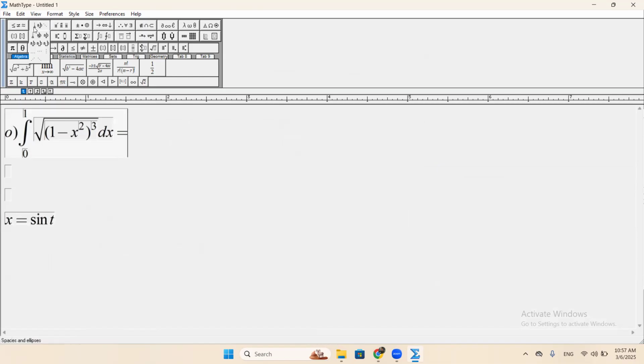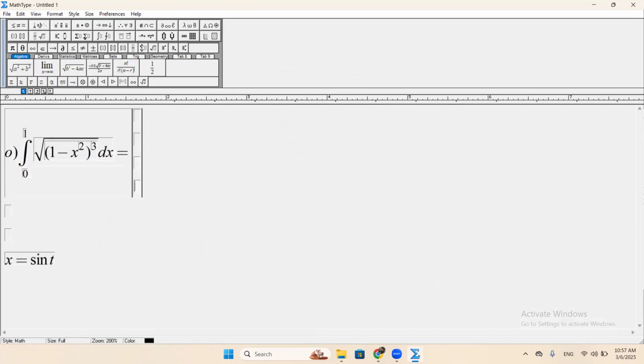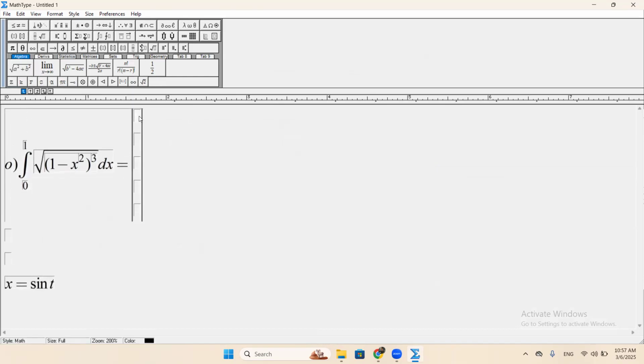Let's write everything that we need here. x equals sine of t, then dx equals cosine of t dt.